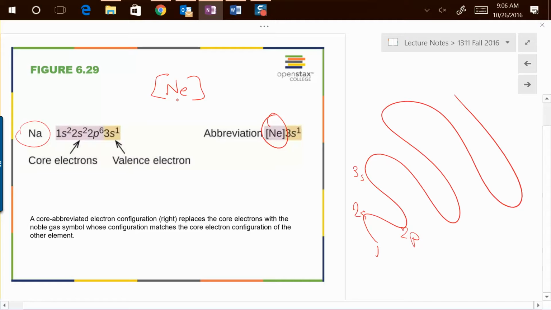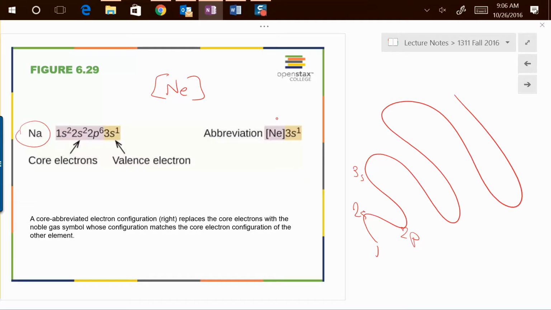So I don't have to write 1s2, 2s2, 2p6. I don't have to write that because it's already understood that that part is this part. And then I just have to continue from that point. Okay? 3s1, that's the abbreviated form of the electron configuration for sodium.